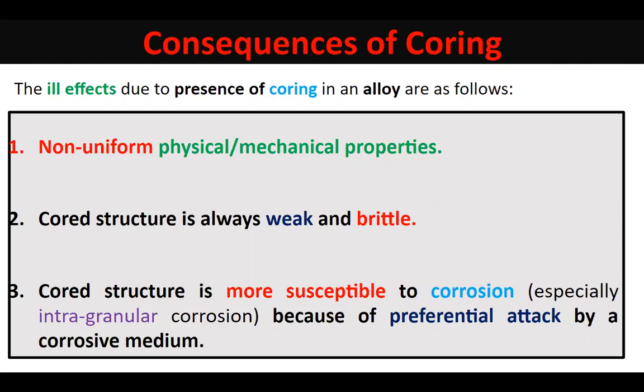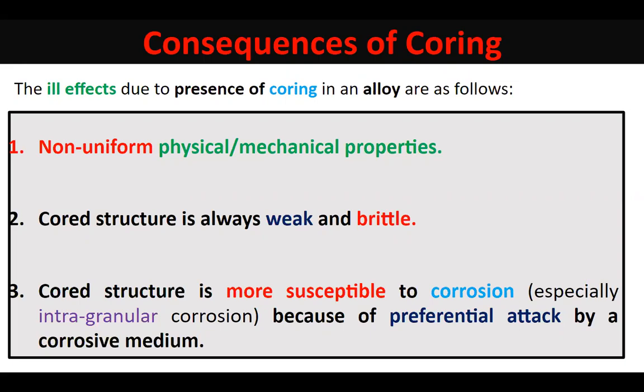So they'll not be homogeneously distributed, rather they'll have their own centers of concentration. Because your alloy is not having uniform chemical composition throughout, it's very obvious that its physical and mechanical properties will not be uniform or homogeneous everywhere.